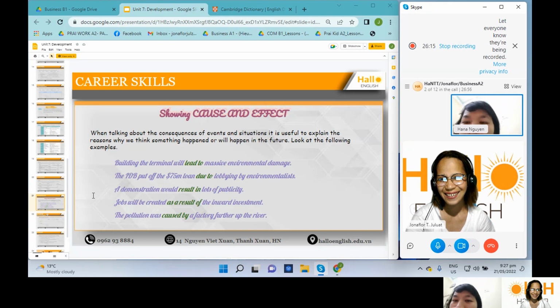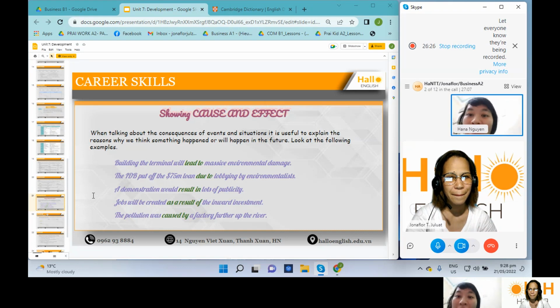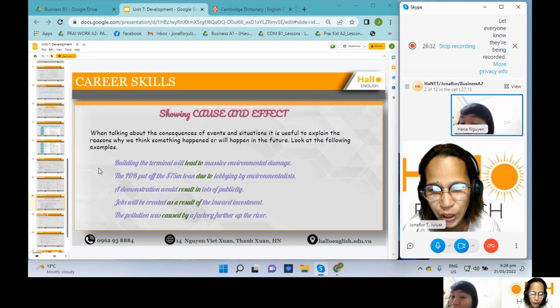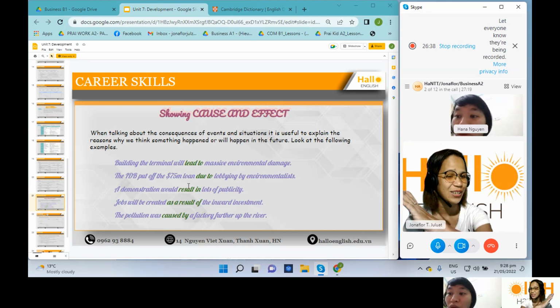We are both the same. Loss of publicity is the effect and demonstration is the cause. So we use "result in." What will be the result of the cause?